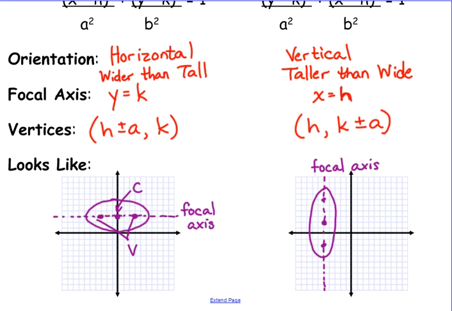Because with these conic sections, it's just not pretty to be able to solve for y in order to graph them in our calculator. They just ask you questions about the other side. Okay, any other questions? I know this is a lot of information at one time, but I just want to give it to you and then we'll look at how to use it here in a little bit.